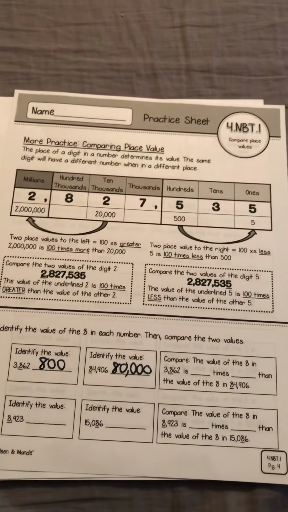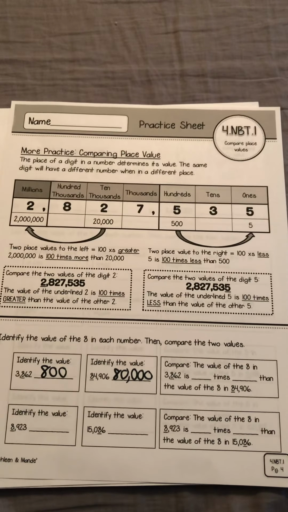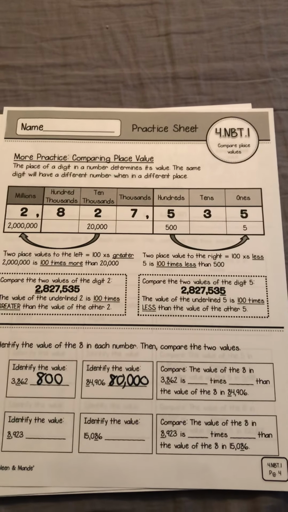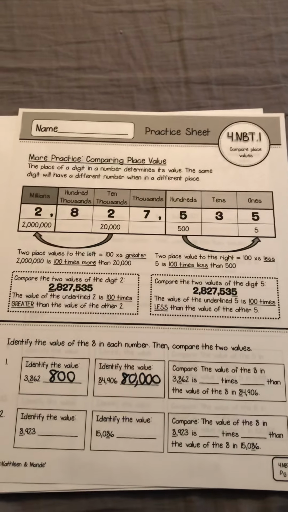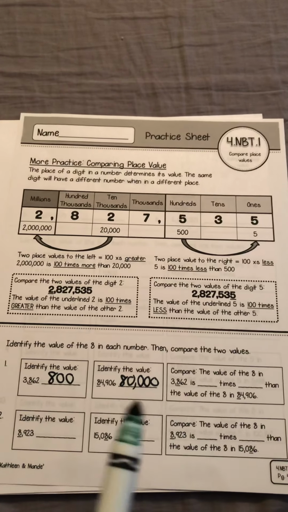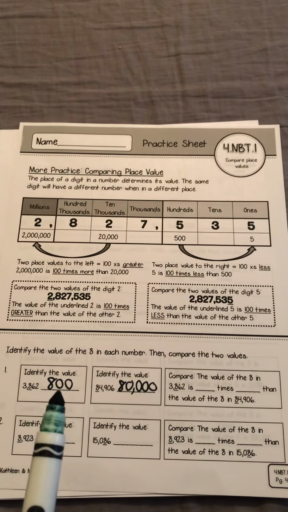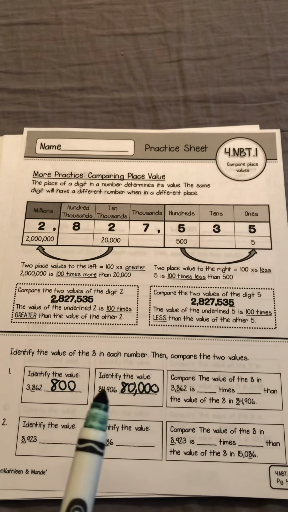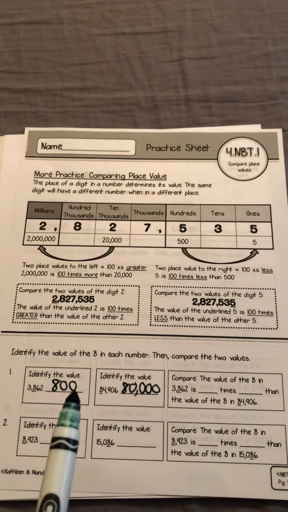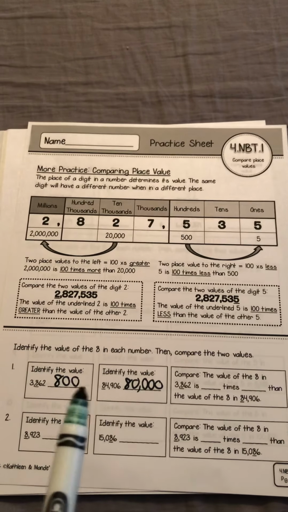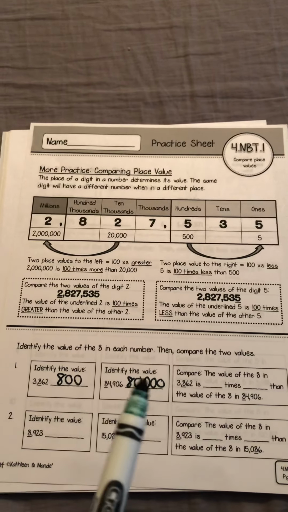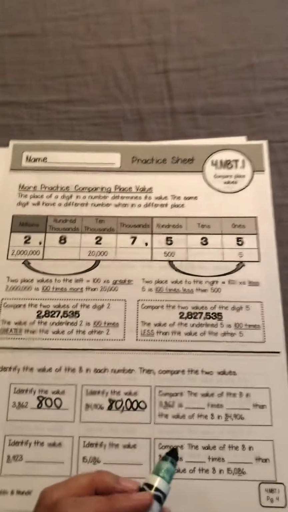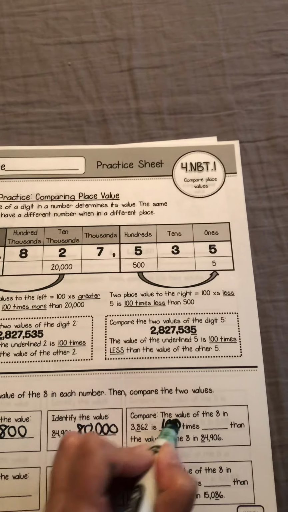The value of the 8 in 3,862 is blank times blank than the value of the 8 in 84,906. So again, this is this 800 value. This is how many times? Well, we have to look at how many zeros are between the two, right? So here we have 2 zeros, here we have 4 zeros. So we've added 2 zeros, which means 100 times.